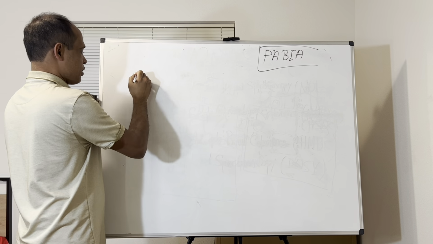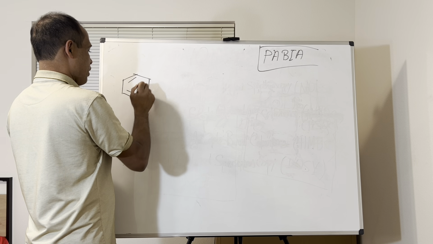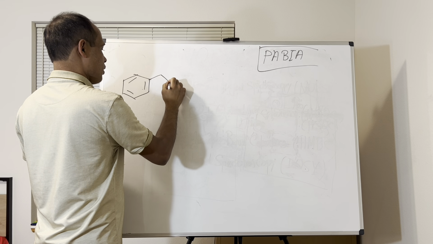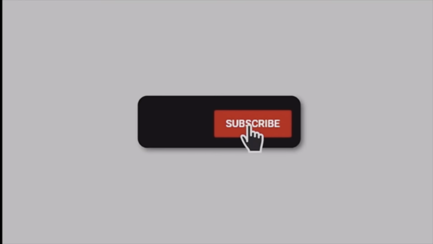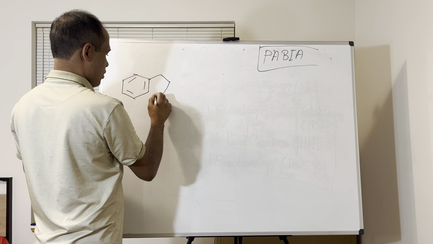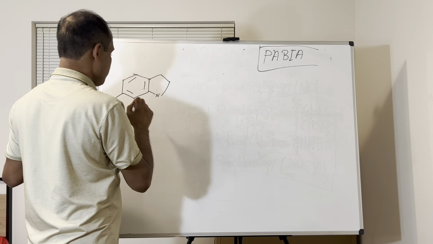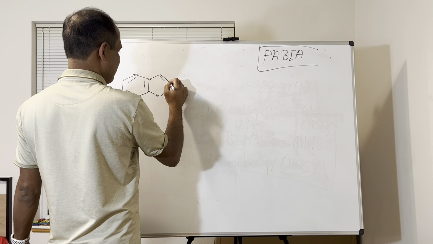First, draw a structure. Maybe the same structure we were thinking. So maybe here bromine, whatever, and this.